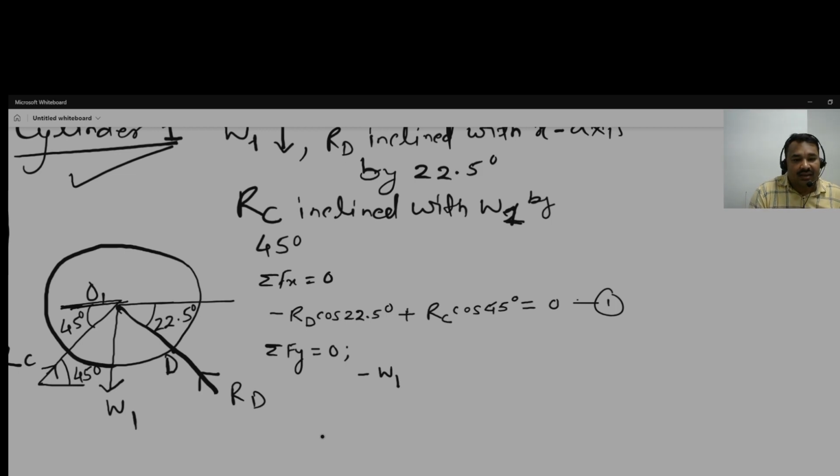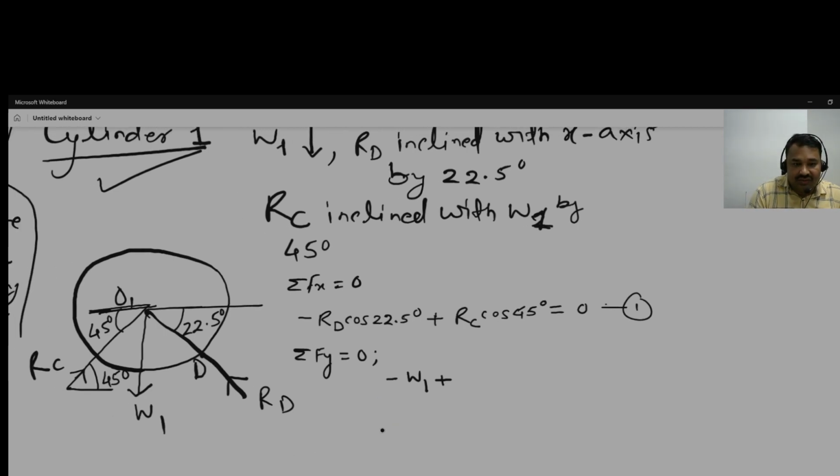And the reactive forces, RC acting upward, will be with sin 45 degrees, and RD also gives RD sin 22.5 degrees. Minus W1 plus RC sin 45 degrees plus RD sin 22.5 degrees is equal to 0. So this is our second equation.